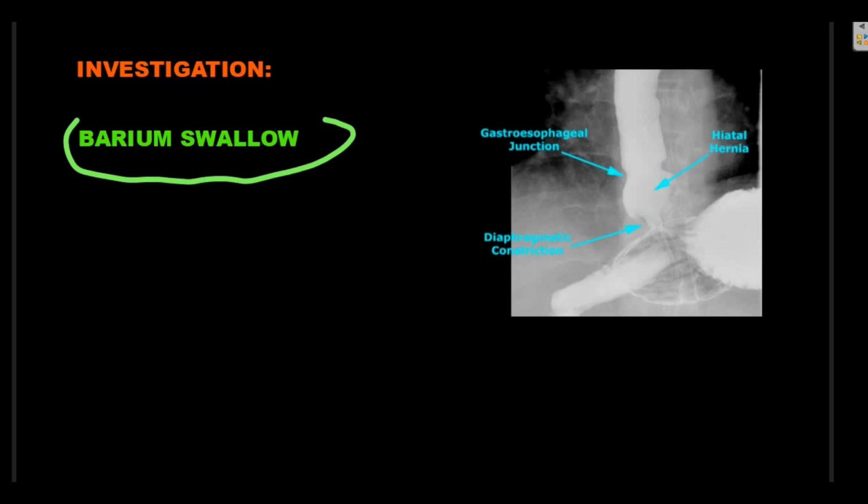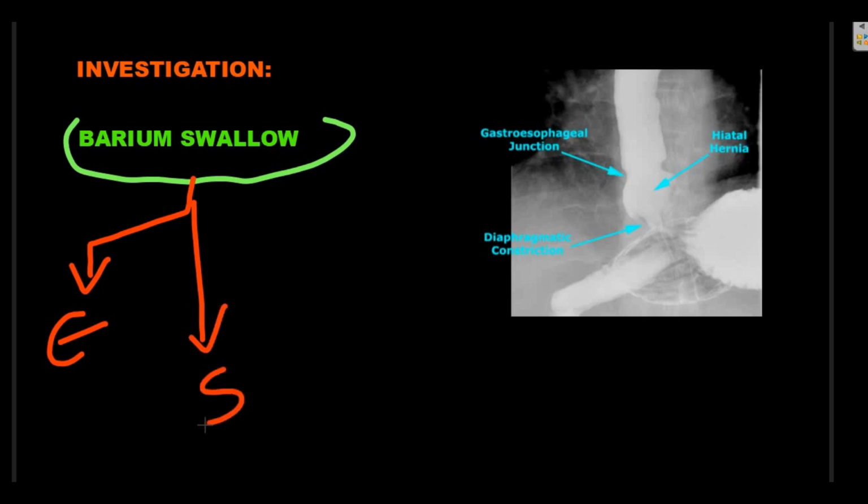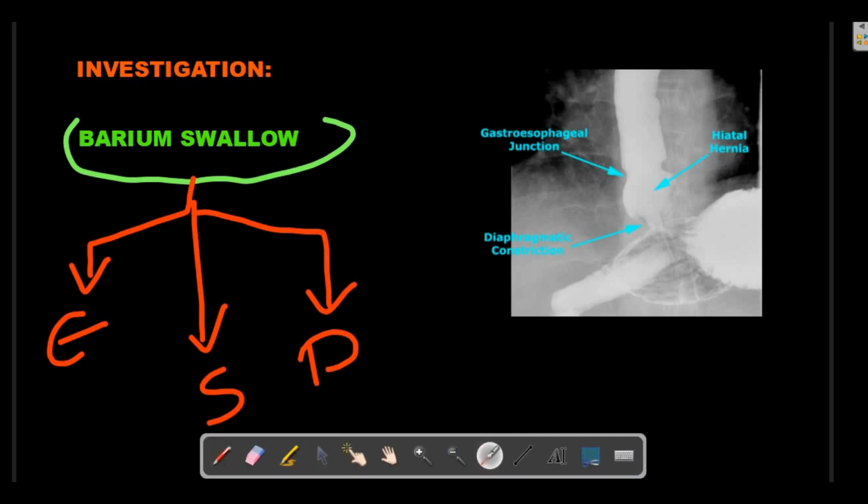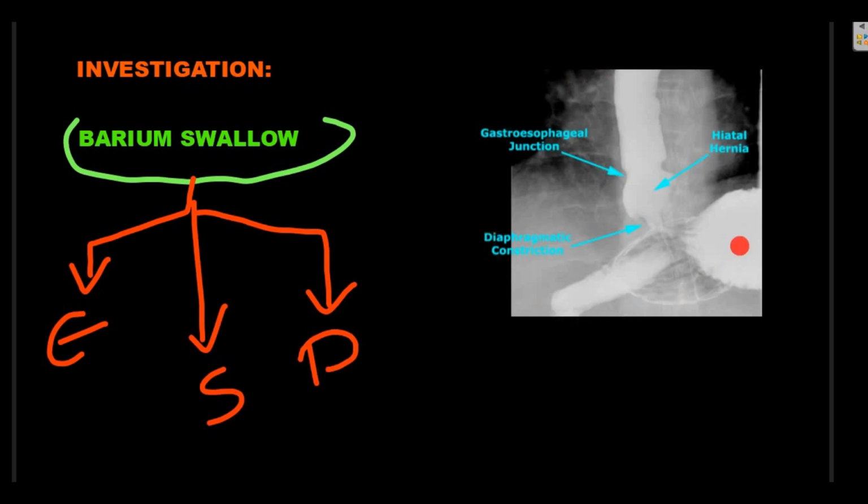So in that case, through a barium swallow, we can have a better look at the esophagus, the stomach, and the duodenum. Here's an X-ray of barium swallow for a sliding hiatal hernia. As we can see, above the diaphragm, the gastroesophageal junction right here.